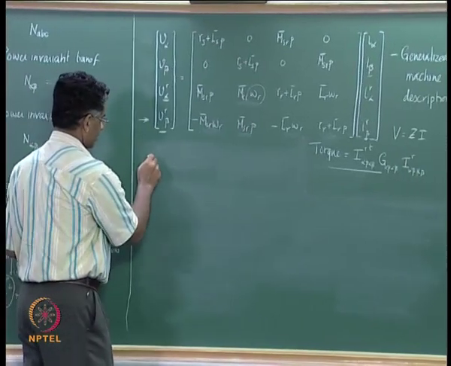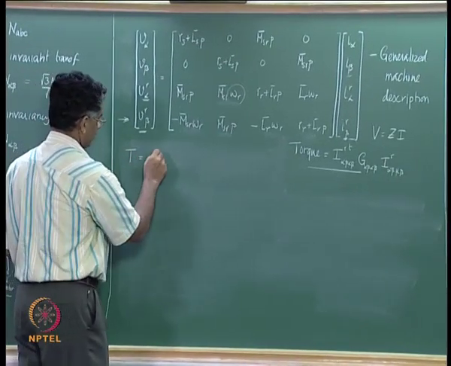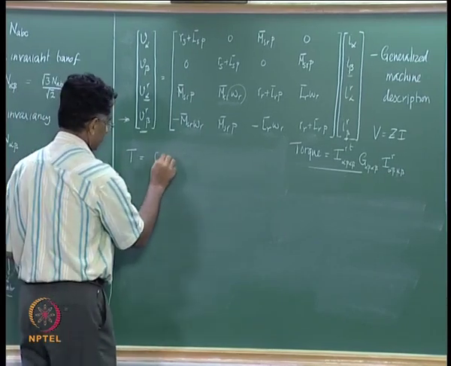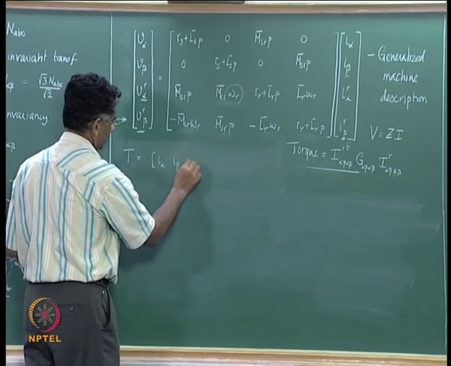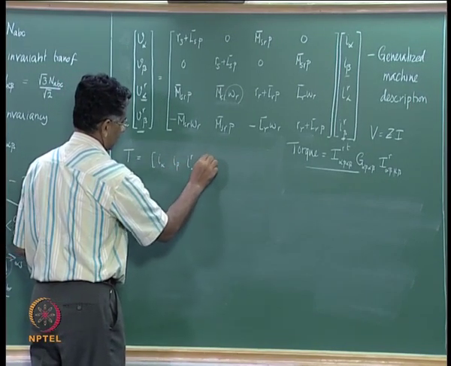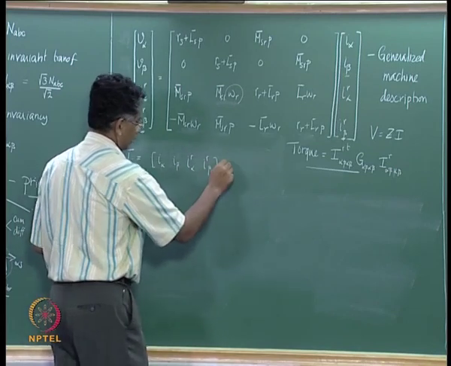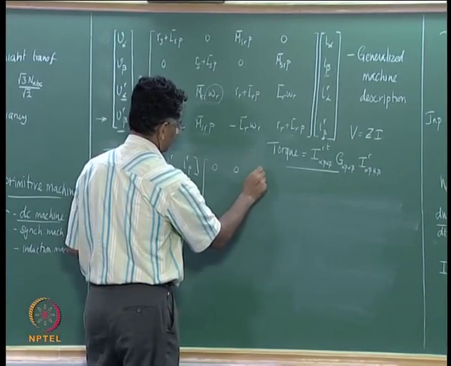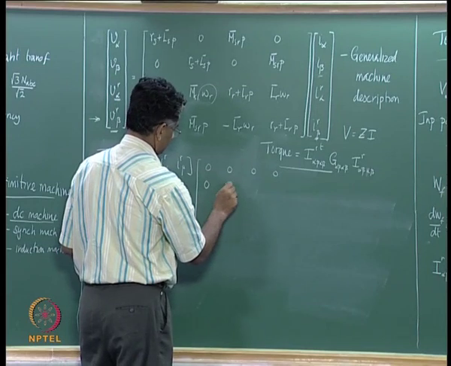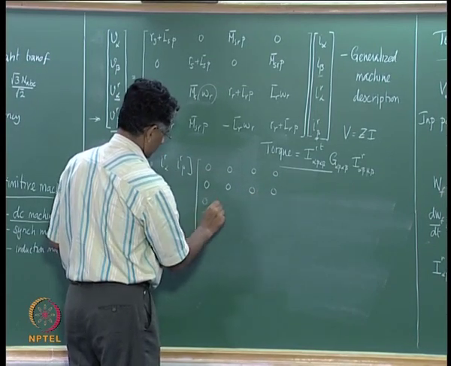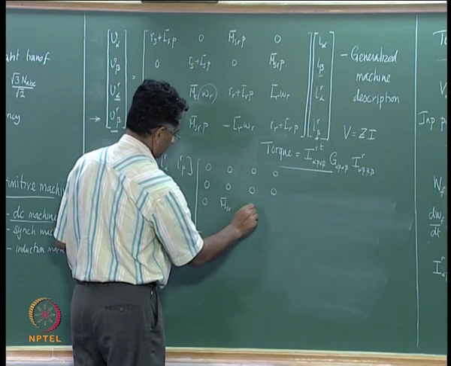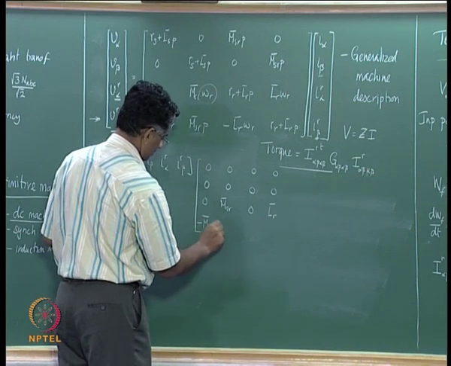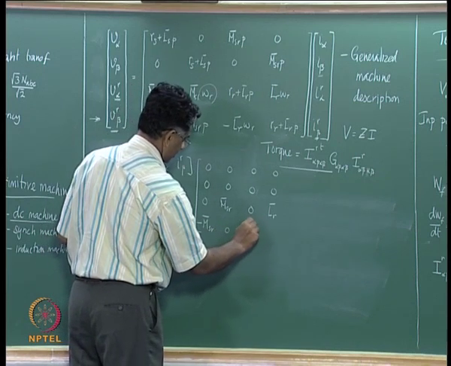So this expression for torque can be written as follows: I alpha beta transpose is nothing but I alpha, I beta, I r alpha, I r beta. The matrix G is nothing but 0 0 0 0, then 0 0 MSR bar LR bar, then minus MSR bar 0 minus LR bar 0.